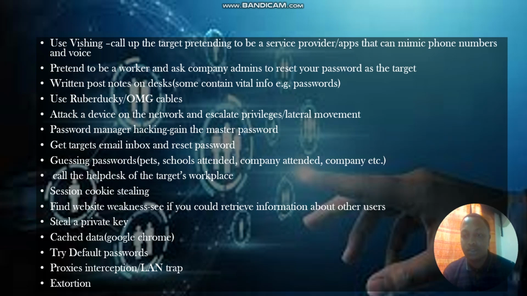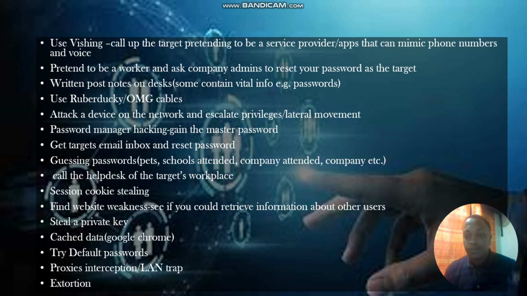I mean, it's crazy, man. And you could also gain access to phone contacts. I mean, this thing is crazy. You just have to be very careful when you are trying to reset your password when it comes to your email.